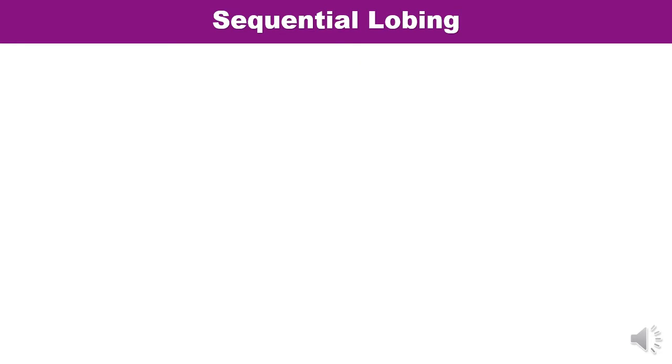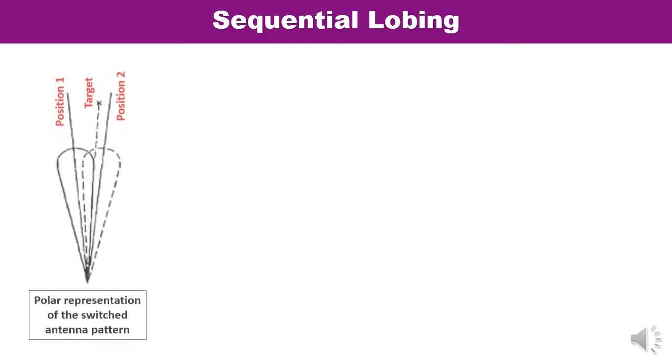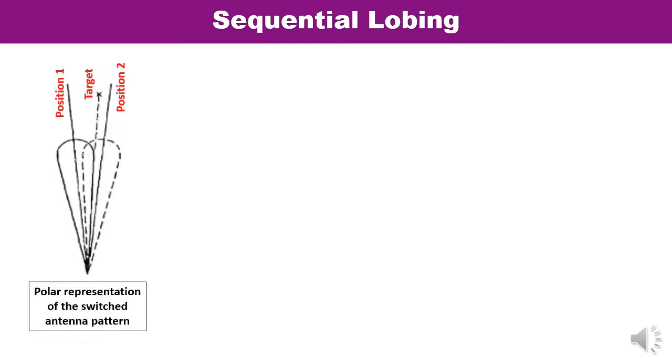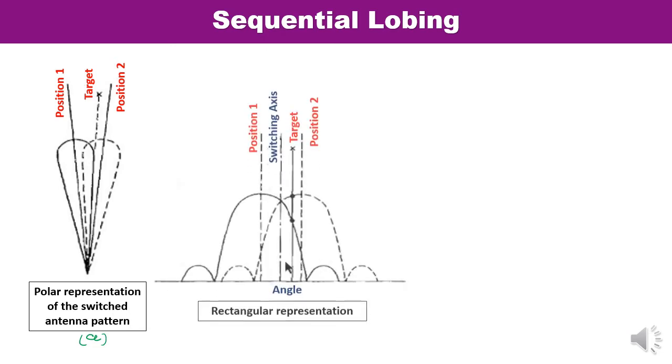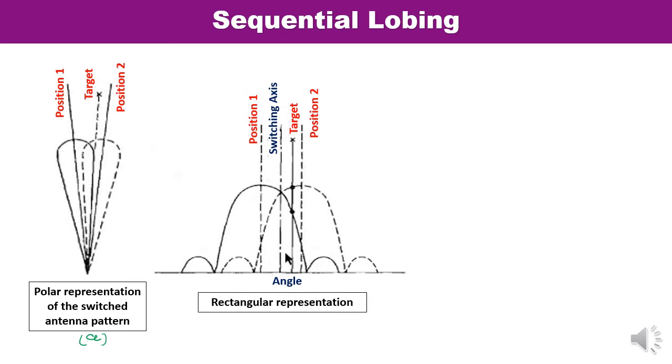Now let us discuss the lobe switching antenna patterns. Diagram A shows the polar representation of the switched antenna pattern. Here you can observe that there are two positions, position 1 and 2, and the antenna beam is switched between these two positions. The same has been represented in rectangular coordinates in diagram B, where you can observe the two positions, the target position and the switching axis.